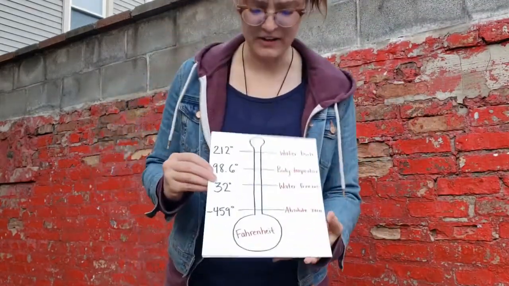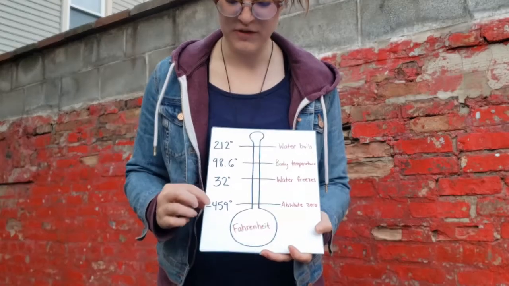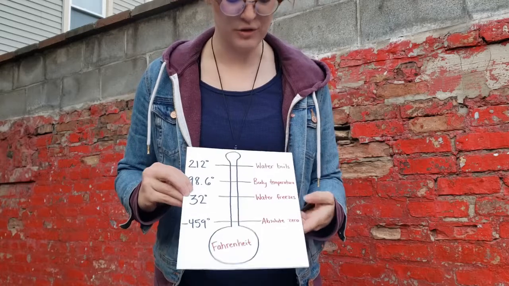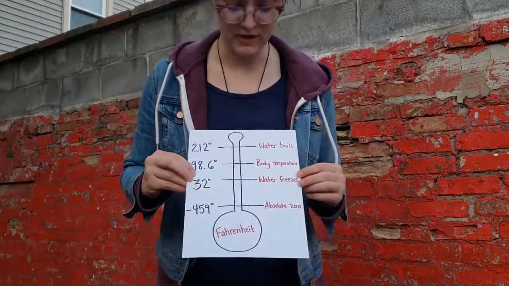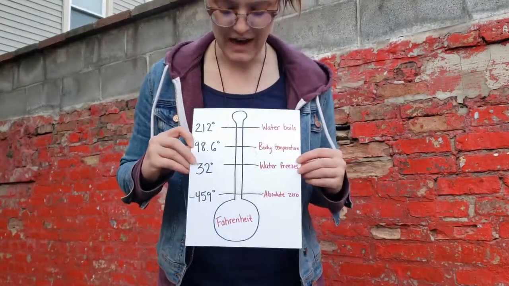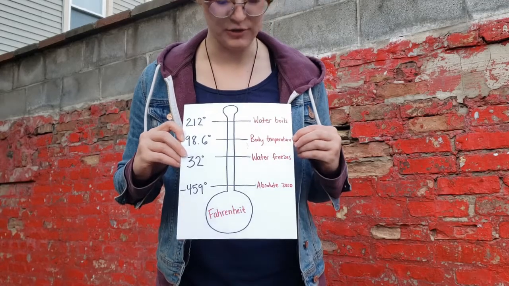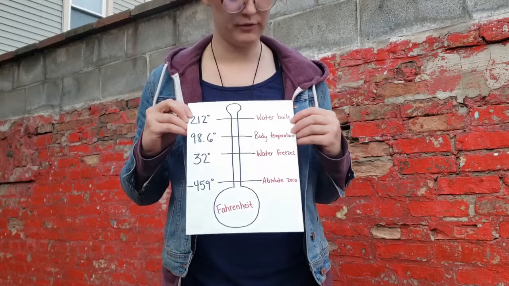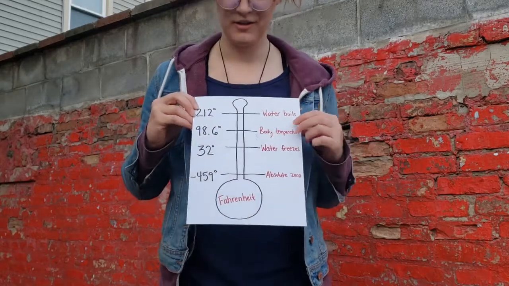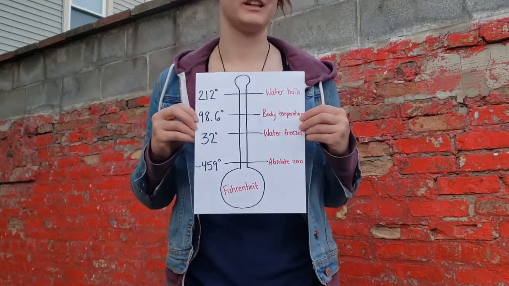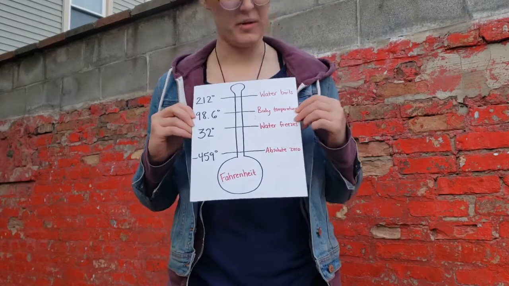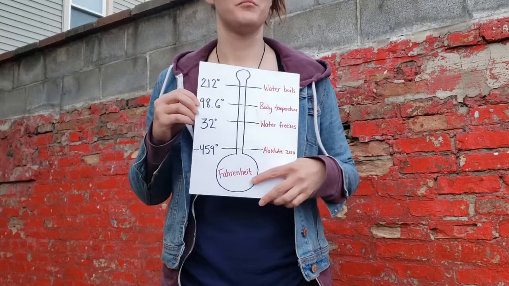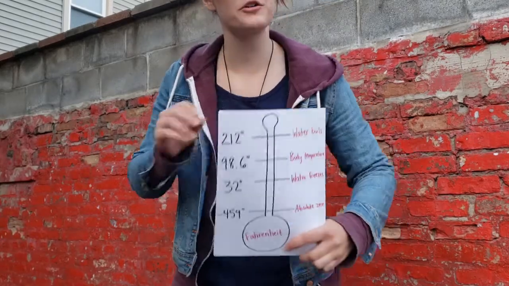His scale looks something like this, with negative 459 degrees as absolute zero, 32 degrees when water freezes, 98.6 for your body temperature, and 212 for when water boils. Fun fact, he actually originally thought that body temperature was around 96, and he found that by testing under his wife's armpit.